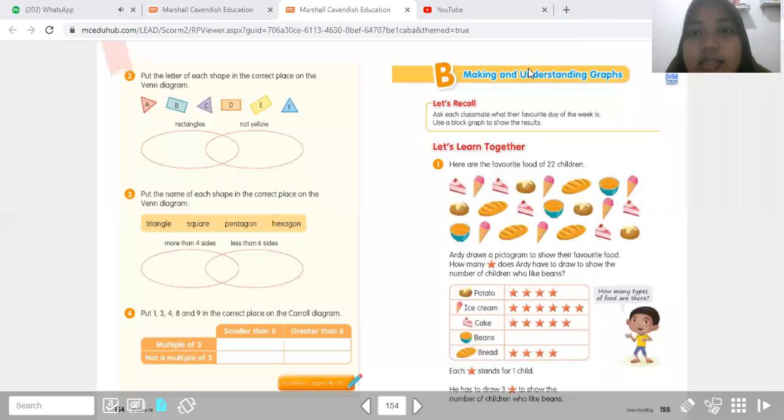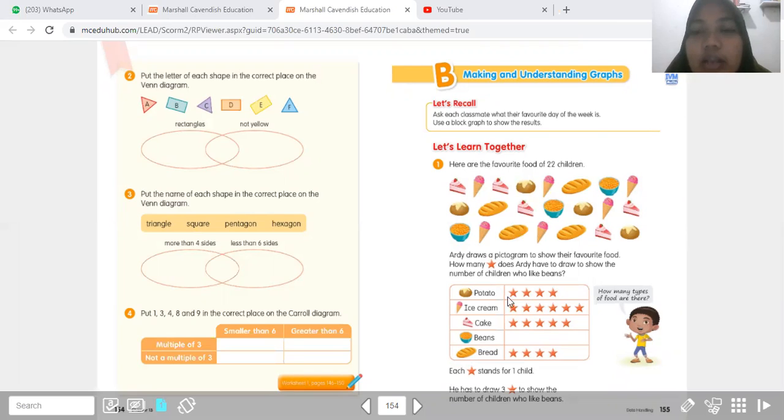Students, you can see here, there is the data. Here are the favorite foods of 22 children, right? There are potatoes, ice cream, cake, beans, and bread. So the data is shown by this picture. And then, which one do we call a pictograph?